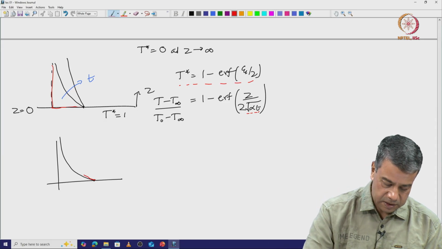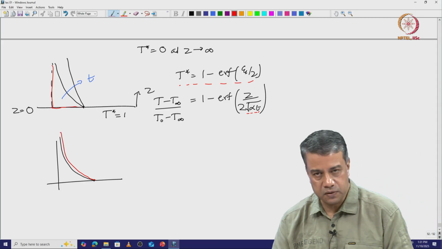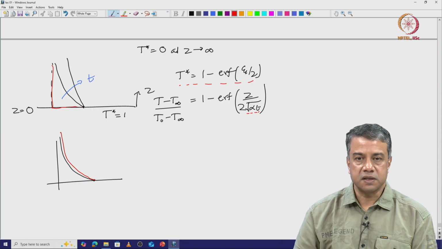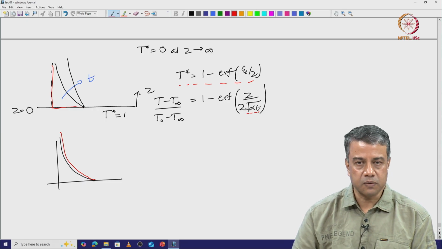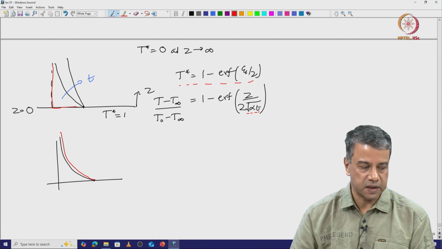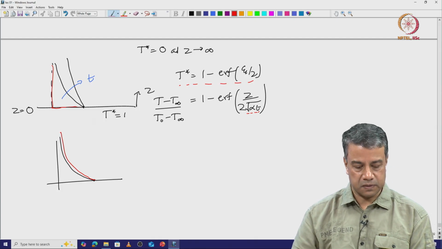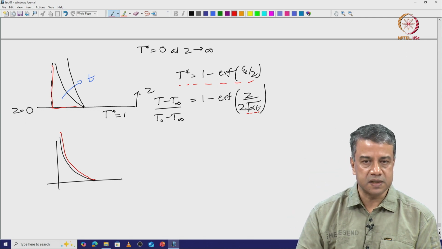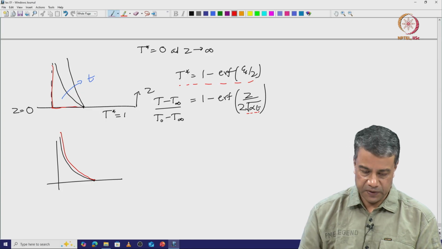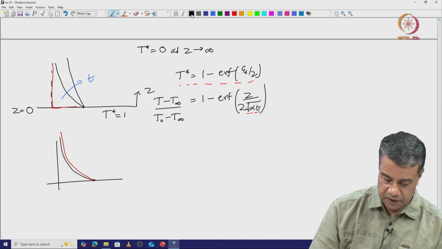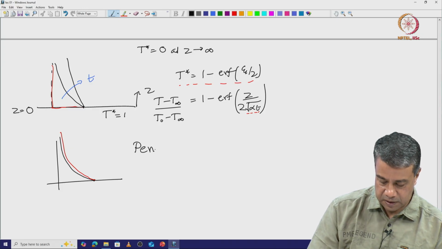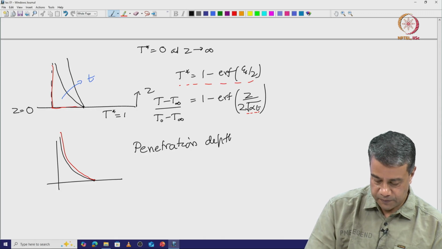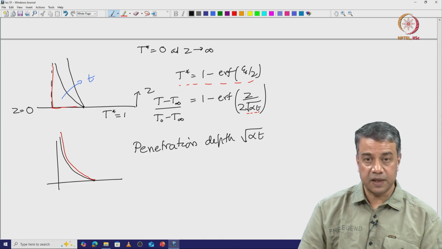That means that this scale temperature is different from 0 only in the region where z is comparable to root alpha t. Therefore, this root alpha t is equivalent to a penetration depth for the temperature field.